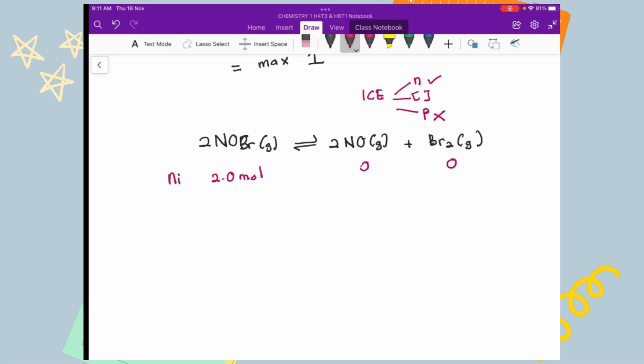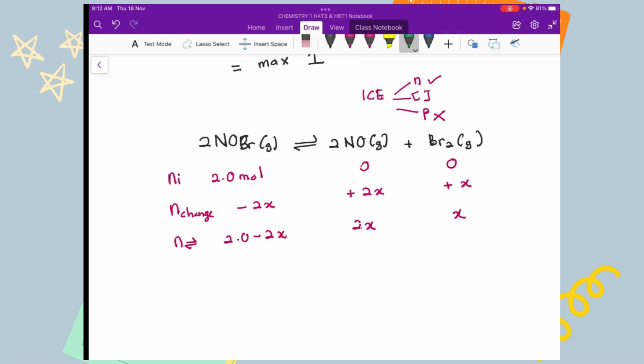So we have mole initial, and then the mole change, which is negative 2x. This one gains 2x, and this one gains x. And the mole at equilibrium is 2.0 minus 2x, 2x, and x. If we look at the question, it mentions that the number of mole bromine at equilibrium is 0.09.